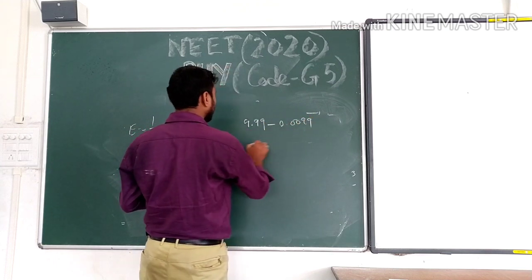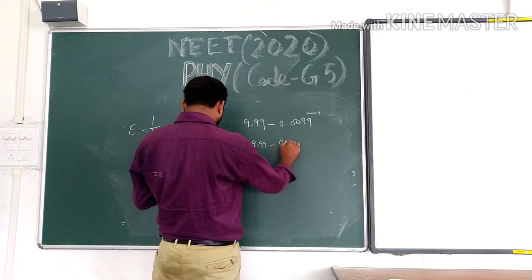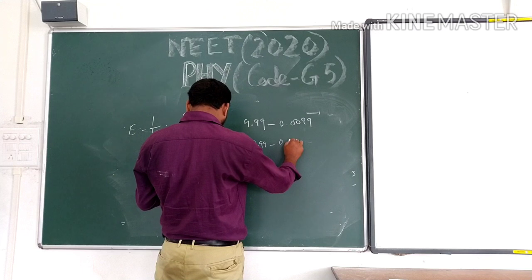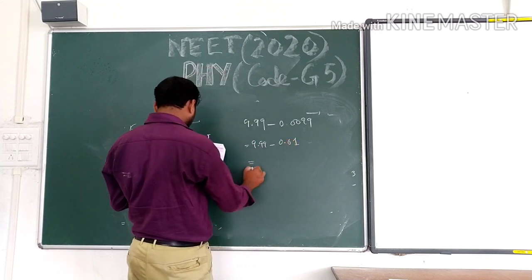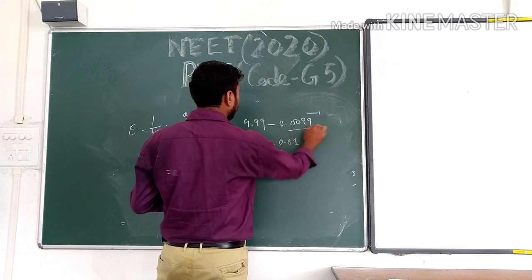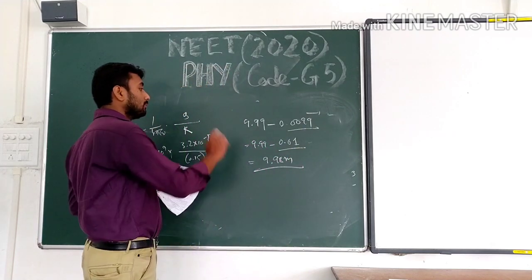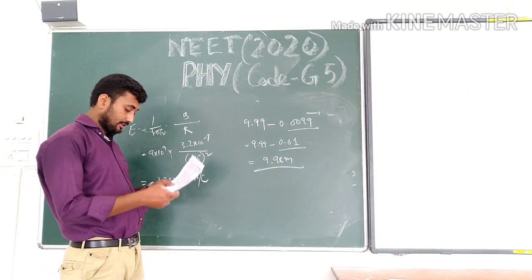With significant figures, it will be 9.99 minus 0.01. So it will be 9.98 meter. The number of significant figures will be 3. So you have 0.01, then the answer is 9.98 meter.